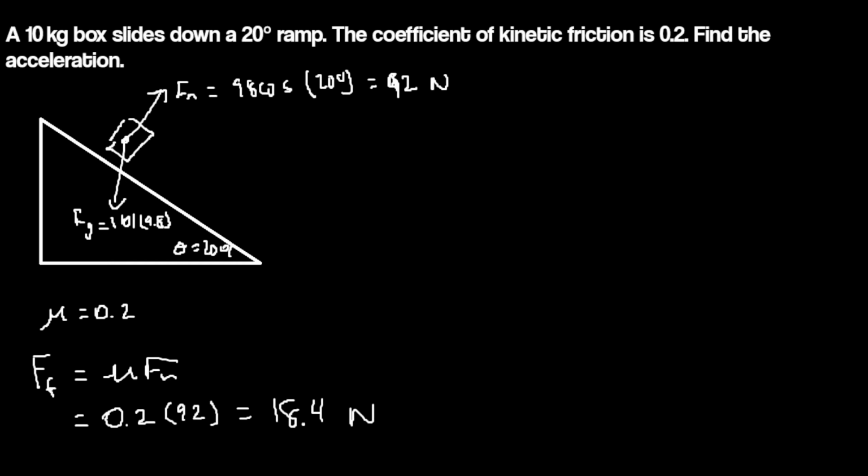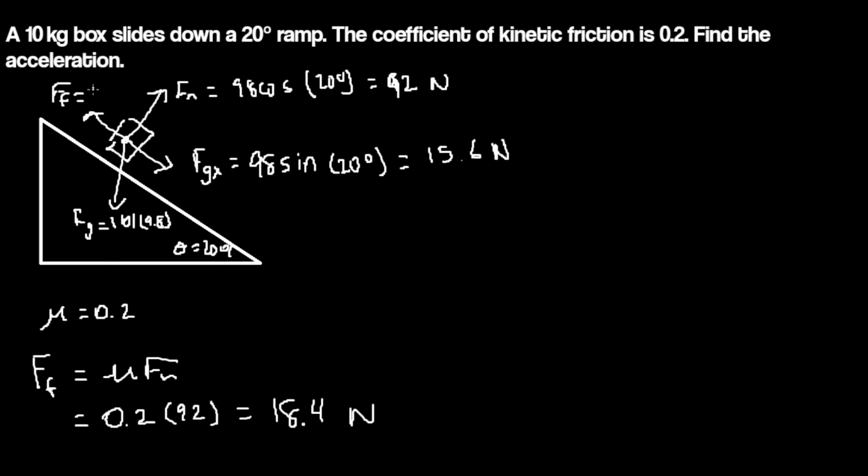Now that we have a frictional force, we can calculate our gravitational force to calculate the net force. Our gravitational force is our 98 sine 20 degrees, which gives us 15.6 newtons. And we found our frictional force to be 18.4 newtons.